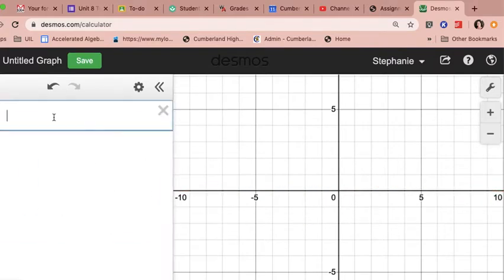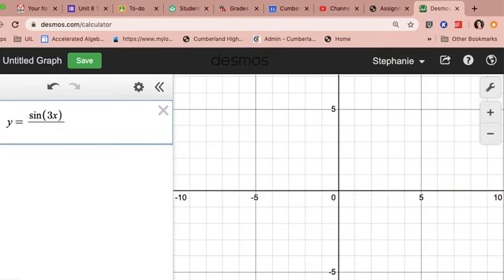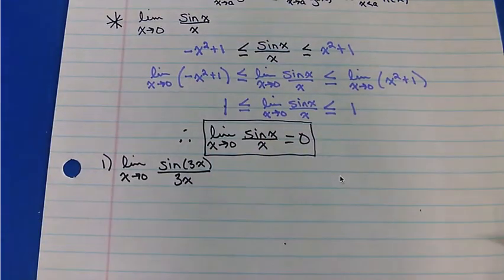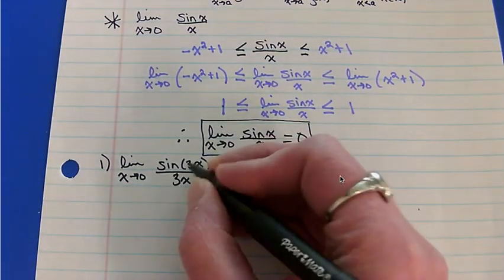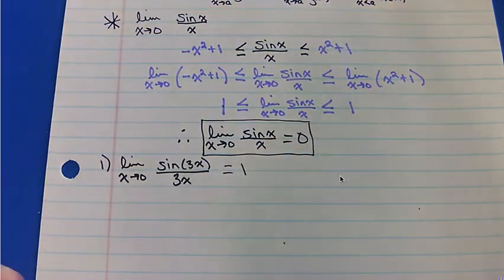Let's go back here. y equals sine of 3x divided by 3x. Well, it looks like we've got some more waves out to the side, but it still looks like it's going to 1, and guess what? It is. So as long as this angle and the denominator are the same, it's going to go to 1.